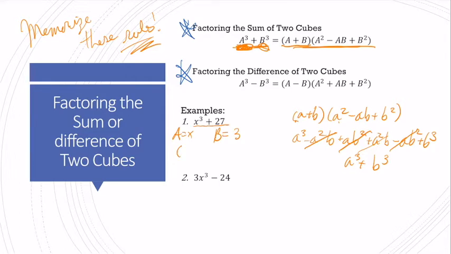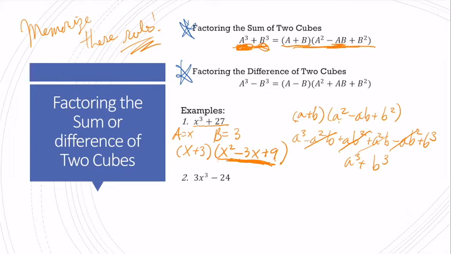So x cubed plus 27 would factor as x plus 3 times x squared minus ab, in this case, 3x plus 9. And then, because I've got a trinomial here, I would need to see if I could factor it any further. Now, are there any factors of 9 that add up to negative 3? No. So this is prime, and we can't factor it any further.